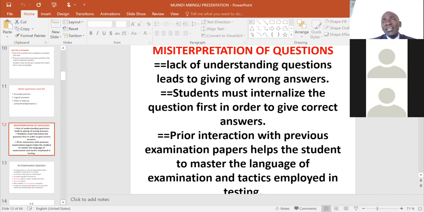Actually, you need to formulate an answer in your mind and interrogate your answer by looking at the question 1 or 2 more times so that you are certain you are putting down the correct answer. As a word of advice, interaction with many examination papers, past K.C.S.E papers and mock papers, will serve to prepare you adequately in terms of giving you appropriate examination language so that your answers will be on point.